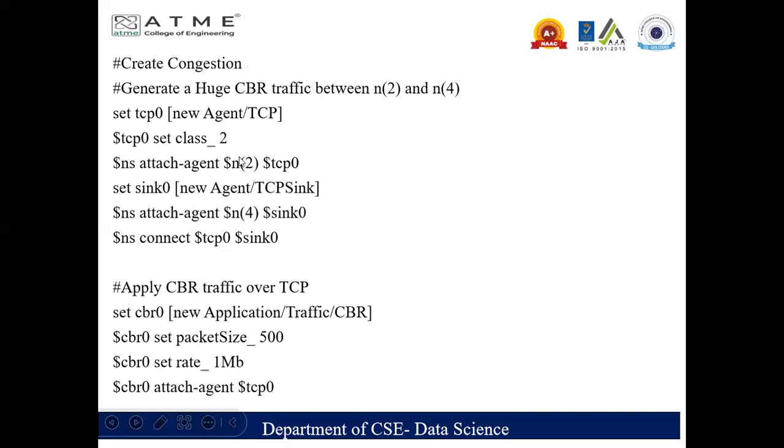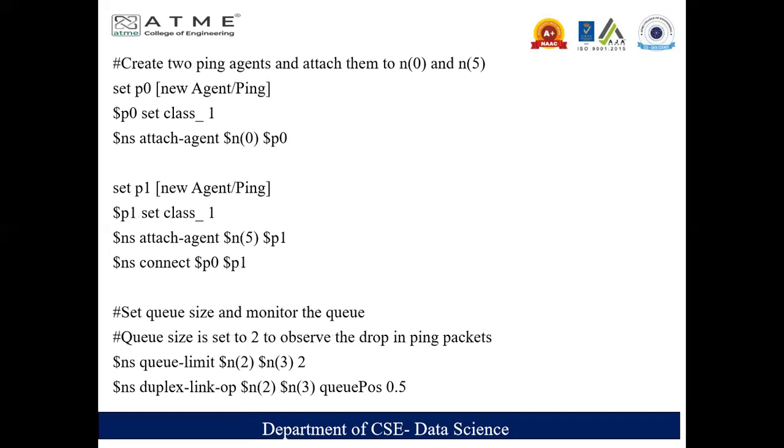Now we are going to create the congestion so that we can find out how the packets are dropped. TCP0 is an object of the class TCP, which is a subclass of agent. For this, we are setting the second color, so class 2, and then attaching agent N0 and TCP0. So for N0, we had the previous object connected here.